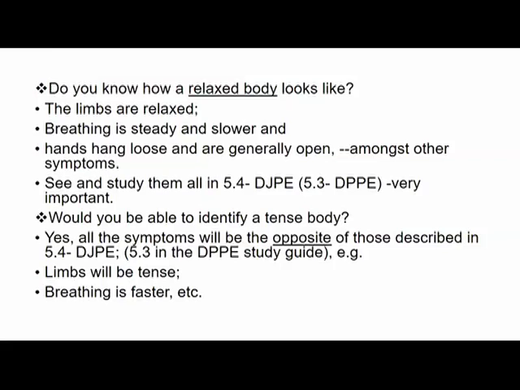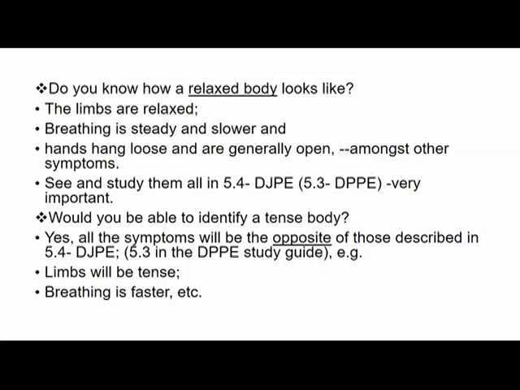Do you know how a relaxed body looks like? The limbs are relaxed, breathing is steady and slower, and hands hang loose and are generally open, amongst other symptoms. See and study them all in 5.4 DJPE, and that's in 5.3 in DPPE. That's very important.